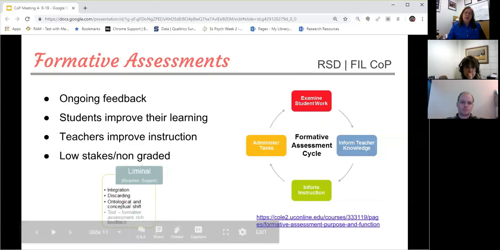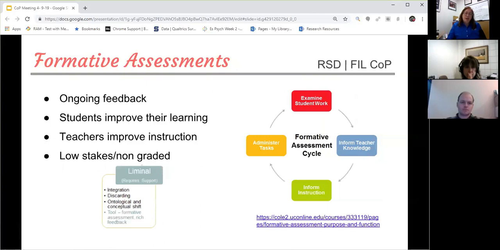So if we structure things correctly, we get students to have this crisis, this, okay, I don't know everything I need to know. And now we're into going through their learning activities.